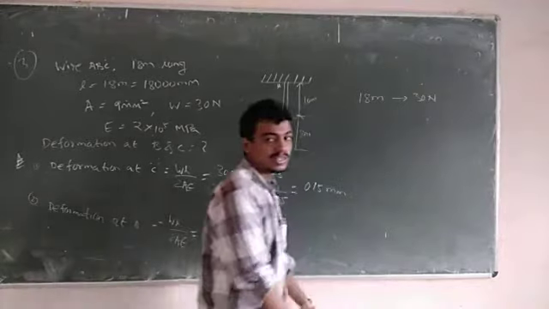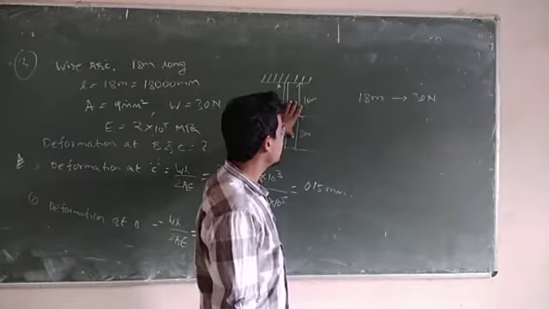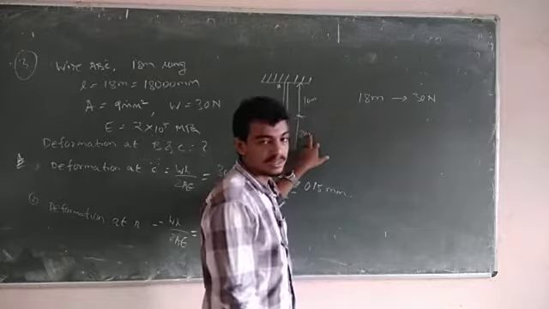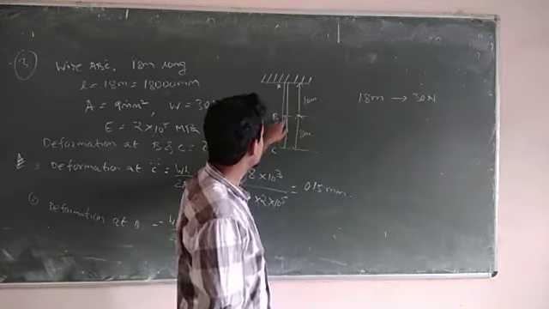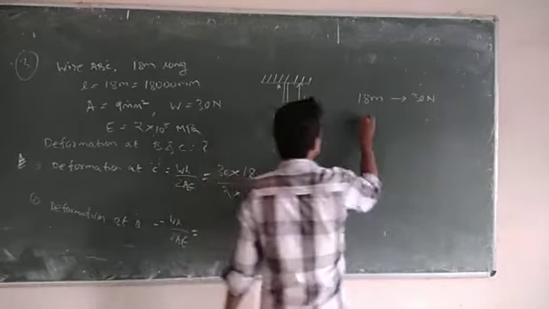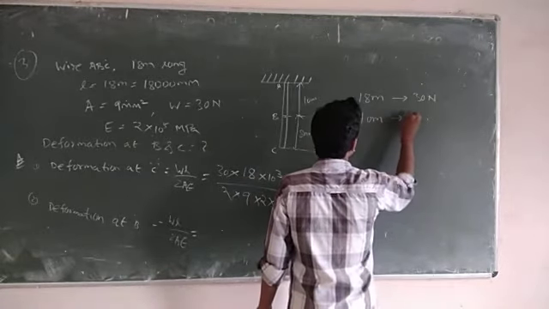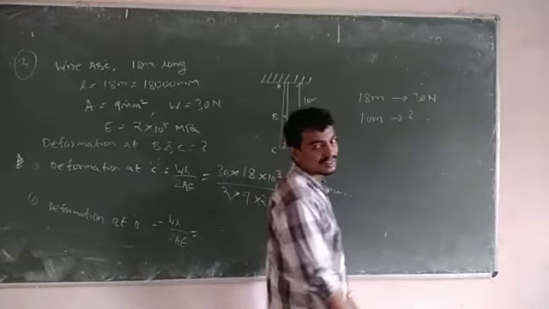Yes or no? Is it clear? Total weight is 30 Newton when length is 18 meter. Now at B point, what is the length? 10 meter. So at 10 meter, what will be your weight?